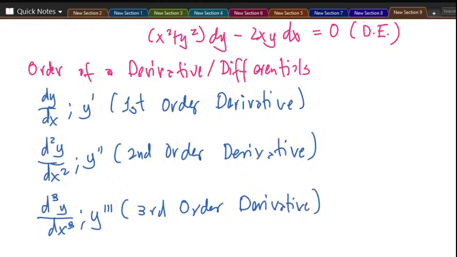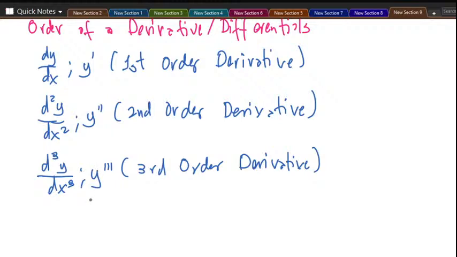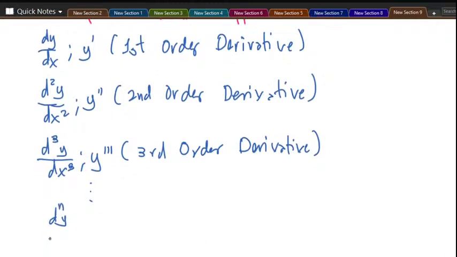So fourth, fifth, up to the nth, so we just have that this is the nth order derivative of y in terms of x, or we can have this one as y to the n.